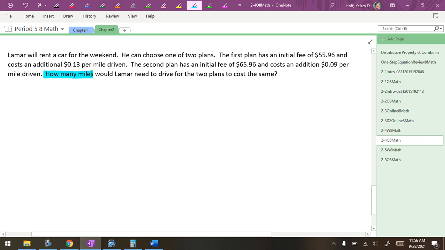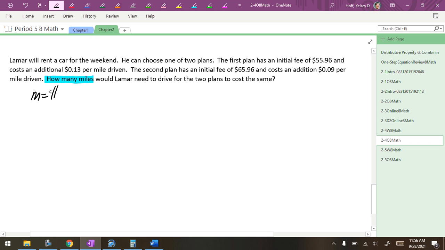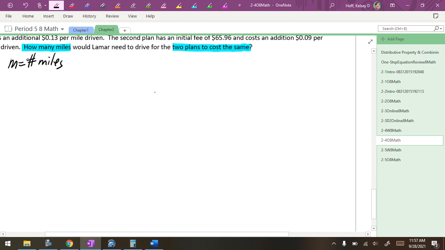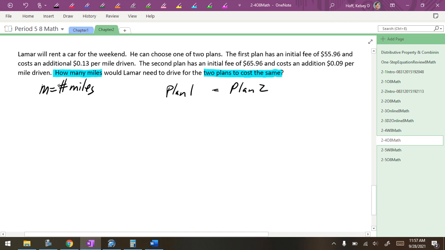That tells us our unknown. What letter do you want to use? M is going to stand for the number of miles. In math, the same means equal. So plan 1 needs to equal plan 2.